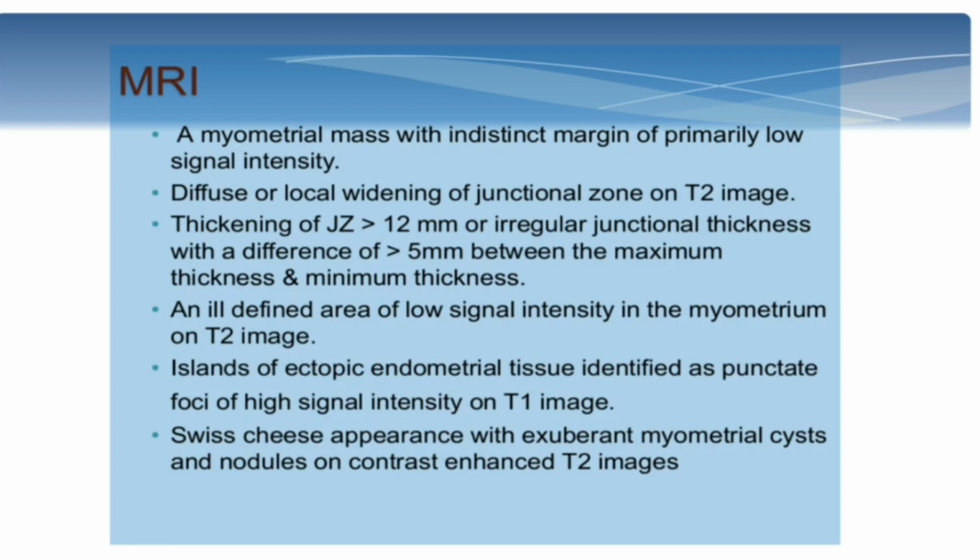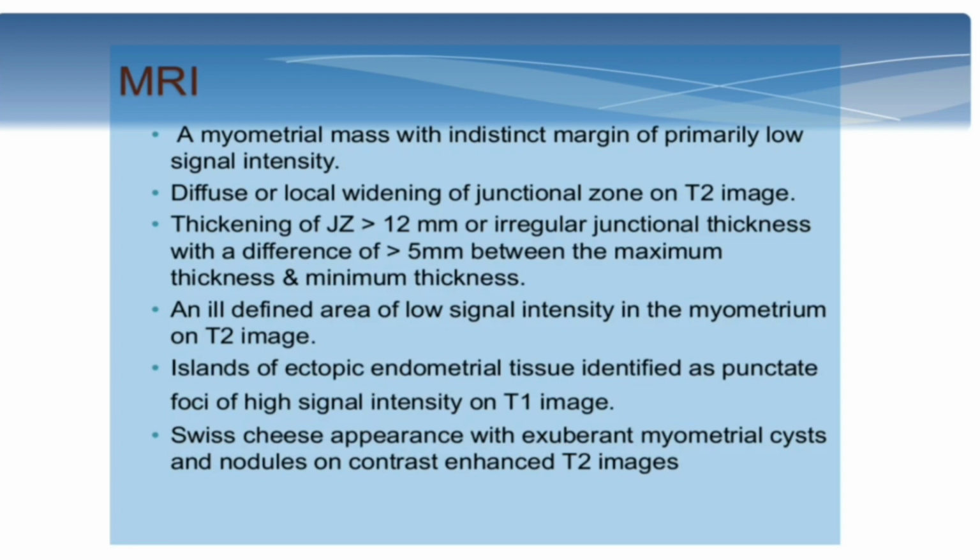Thickening of the junctional zone is more than 12 mm, or irregular junctional thickness with a difference of more than 5 mm between the maximum thickness and minimum thickness. An ill-defined area of low signal intensity in the myometrium is found on T2 image.